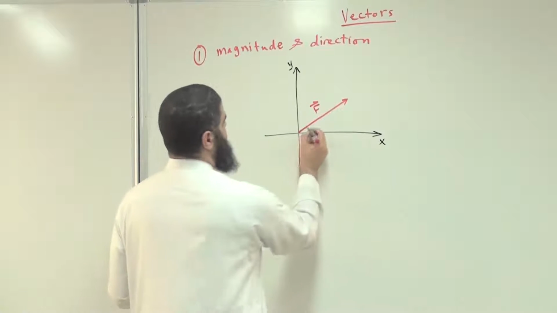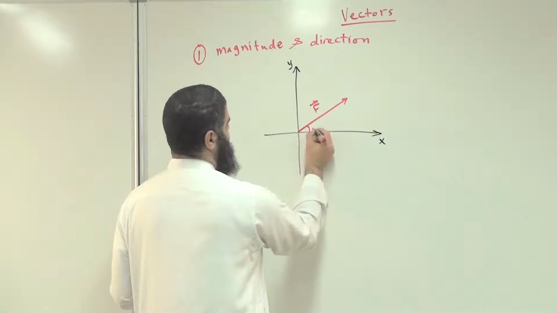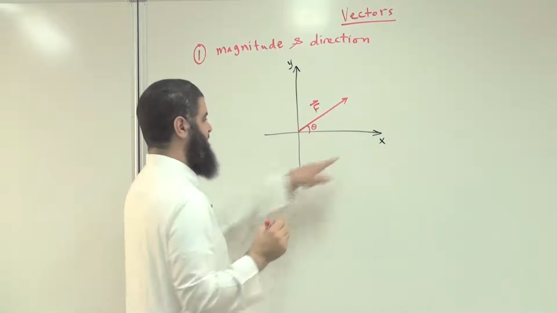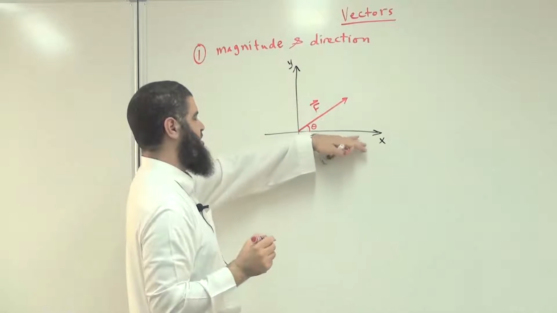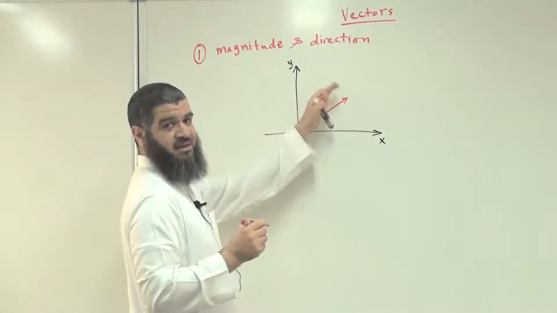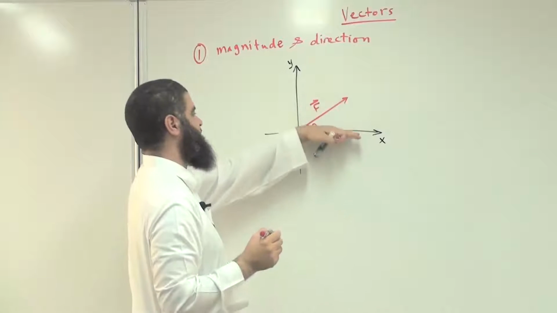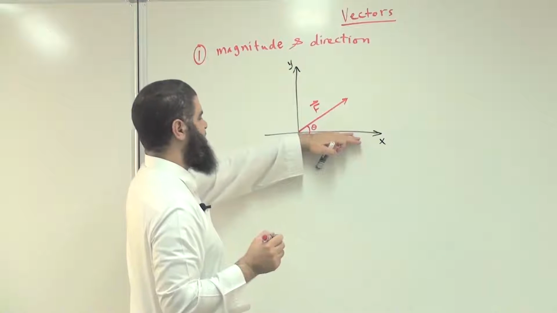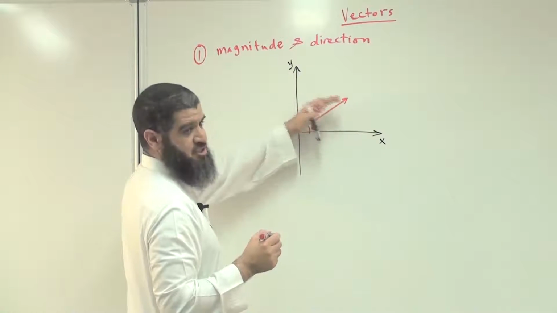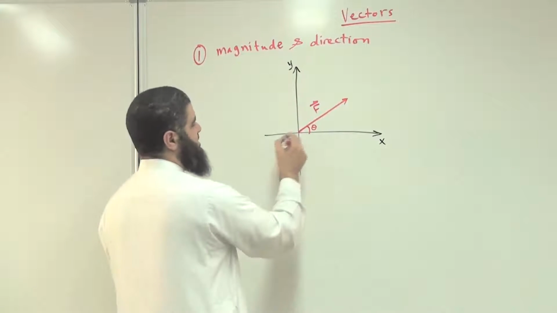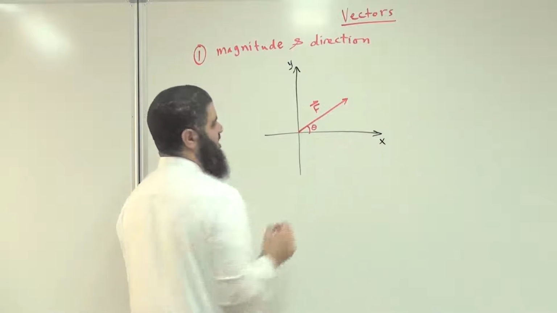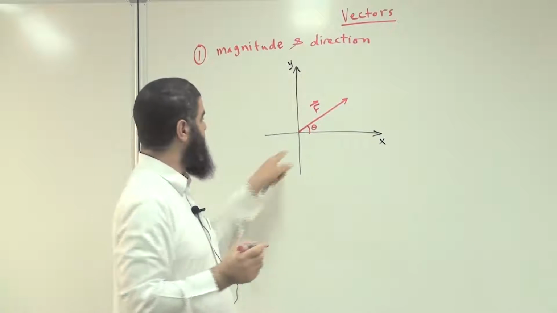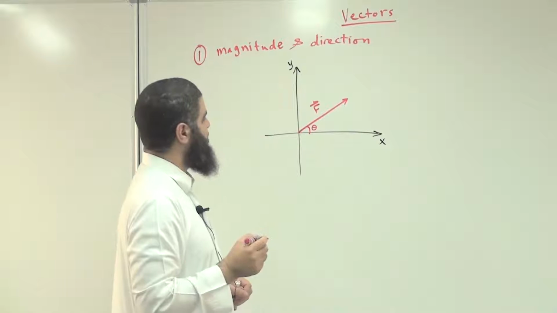And this vector F makes an angle theta with the positive x-axis measured in the counterclockwise direction. We move from the positive x-axis an amount theta, and we reach our vector F, which has a magnitude equivalent to the length of this line.